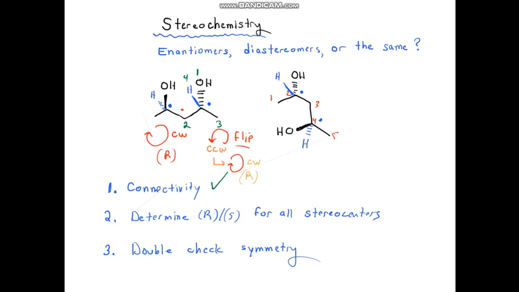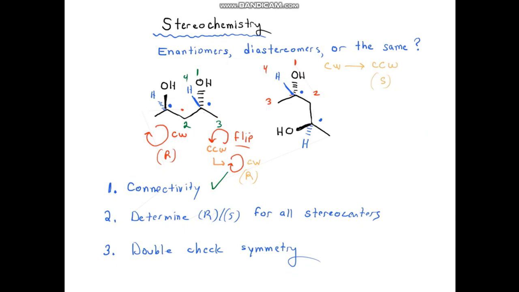Now we can do the same thing for figuring out R and S for the stereocenters on the right. I'm going to get rid of some of the numbers here, because it's going to be confusing. So here's priority 1, which is the O, and then carbon is 2, CH3 is 3, hydrogen is 4. Notice how hydrogen is pointing out of the page, so whatever we get, we're going to have to flip. If 1, 2, and 3 are going clockwise, now that hydrogen is in the back, we actually have to make it the opposite, which is counterclockwise, so that would make this S, okay?